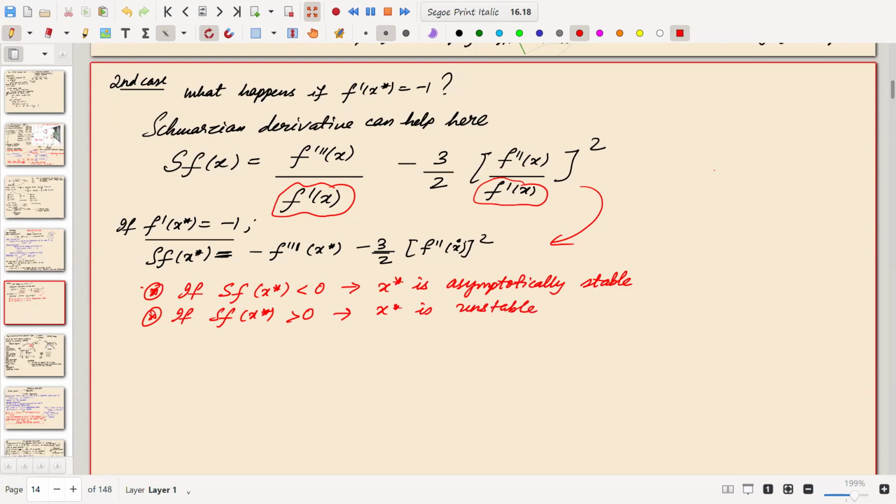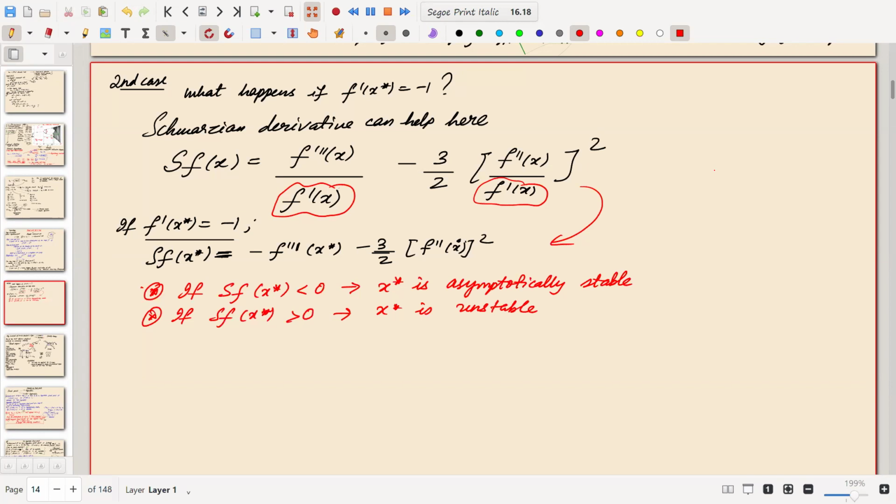You can relate this: if the derivative is less than 0, it is like a decreasing trend and will approach some fixed point. If it is greater than 0, the value will keep increasing indefinitely. So if the fixed point is unstable, the trajectory will grow indefinitely and the orbit will move outwards. So this is one idea.